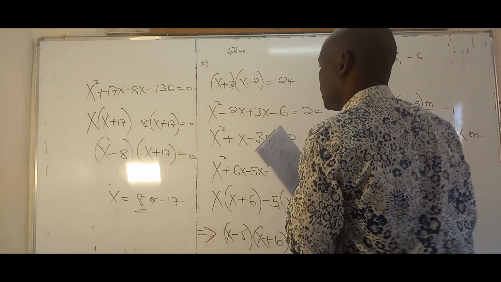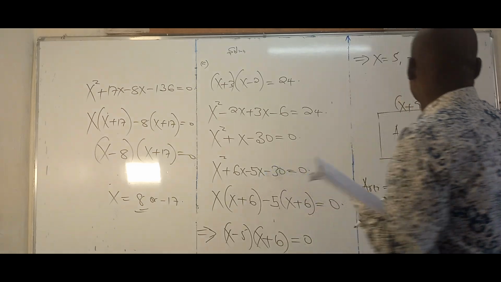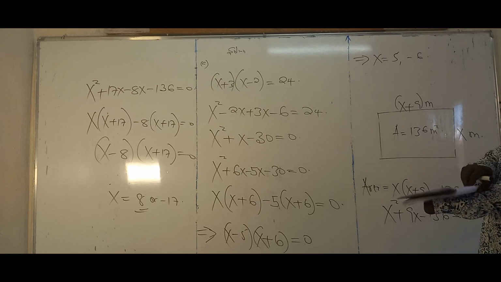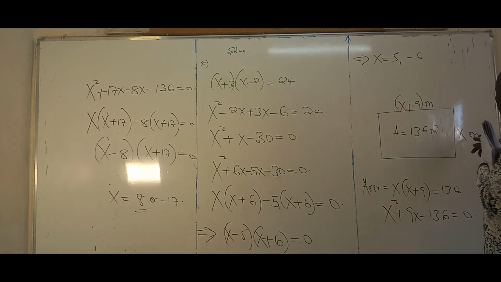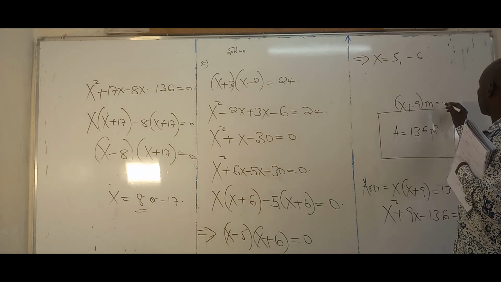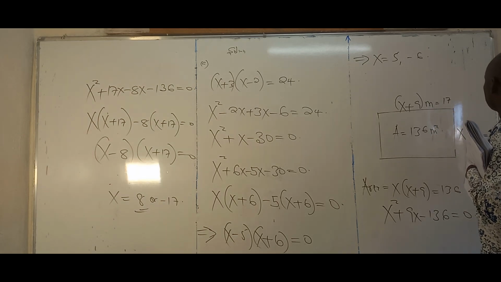So x is 8 meters. We put 8 here because the question is asking us to find the perimeter of the floor. So if I put 8, then this will be 17 and this will be 8.